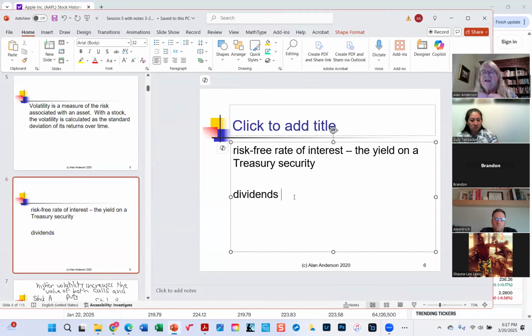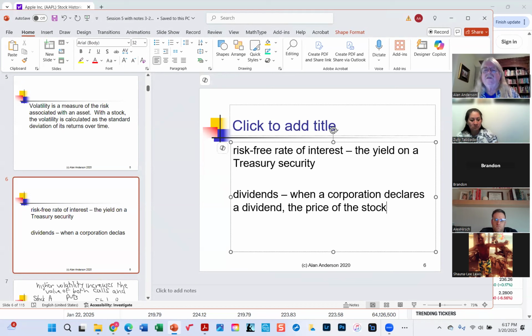And the reason for that is because we know from historical experience, when a corporation declares a dividend, the price of the stock falls by that amount.